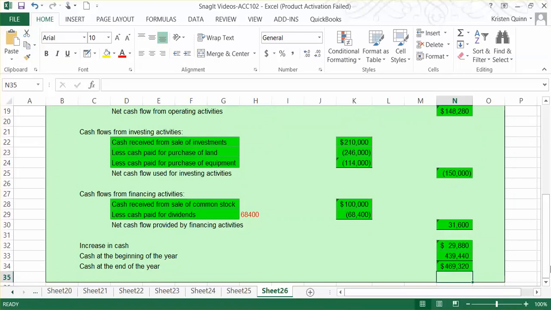Notice this is the exact value that you see on your comparative balance sheet for the cash balance as of December 31st, 2014. This always has to match. The statement of cash flows is explaining what happened to our cash, where it was spent, and where we received money over the year.